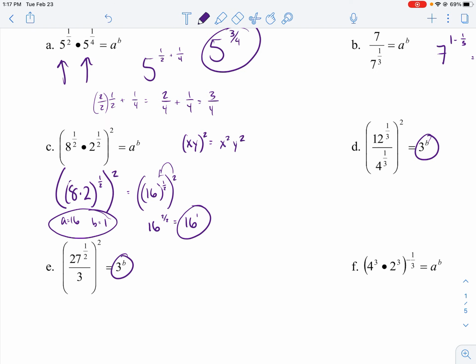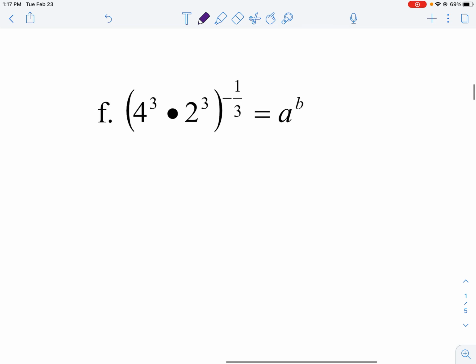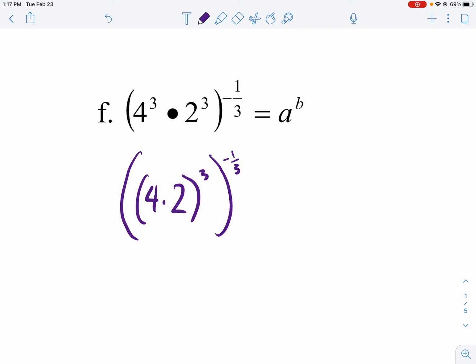Let's take a look at letter F, and we'll jump back to those other two. Letter F, clearly different bases, but being raised to the same power, which means bring that 3 out. 4 times 2 is 8, raised to the negative 1/3 power.